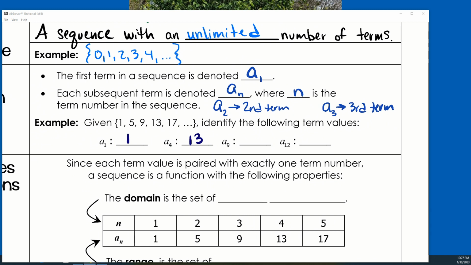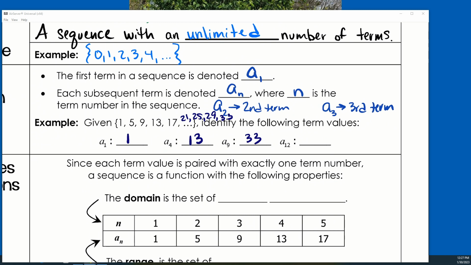Now we only have 5 terms, so we're going to have to continue it. What's happening each time on this sequence? We're adding 4. So the fifth term is 17, and then we just add 4. Good. That's the 6th, then 7th, then 8th, and the 9th is going to be 33.